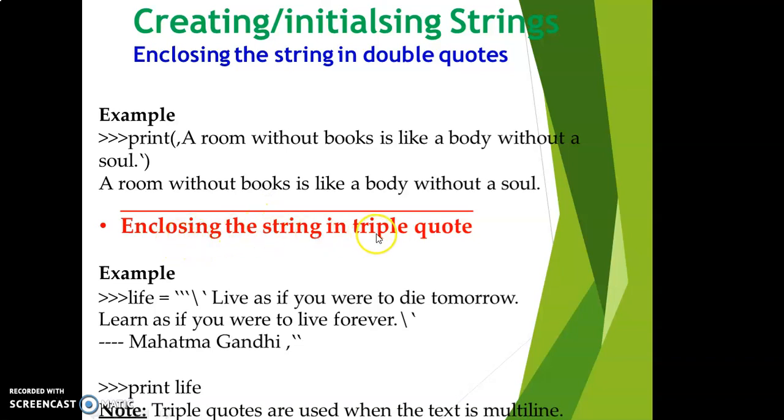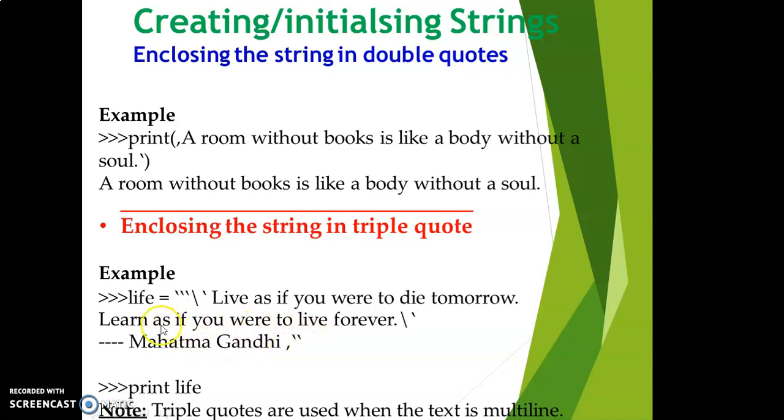And enclosing a string in a triple quotation. This you have to write in a double quotation where a single quotation is written. How to write in a triple quotation? Life equal. So directly you can write triple quotation with the print statement. So life is a variable equal to triple quotation. This text is written over there, and after this you have to close with the triple quotation.